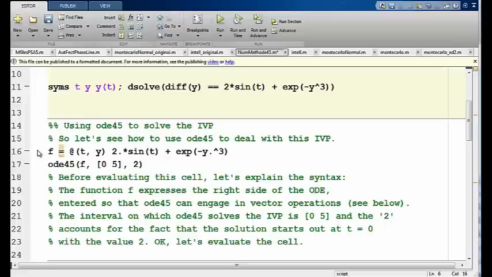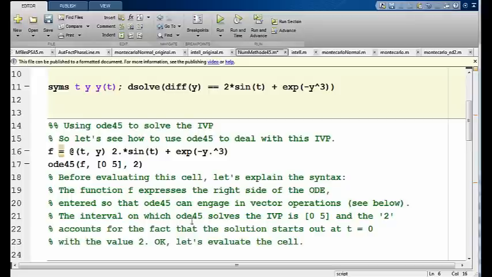Here's the syntax. We define an anonymous function equal to the right side of the differential equation, and we do it with vectorized notation, and then we invoke ODE45. Before I evaluate the cell, let's explain the syntax. The function f, as I said, expresses the right side of the differential equation, and it's in vector notation so that we'll be able to use ODE45 on vectors.